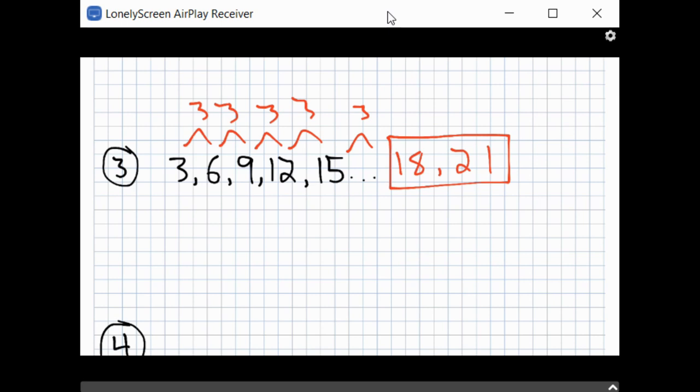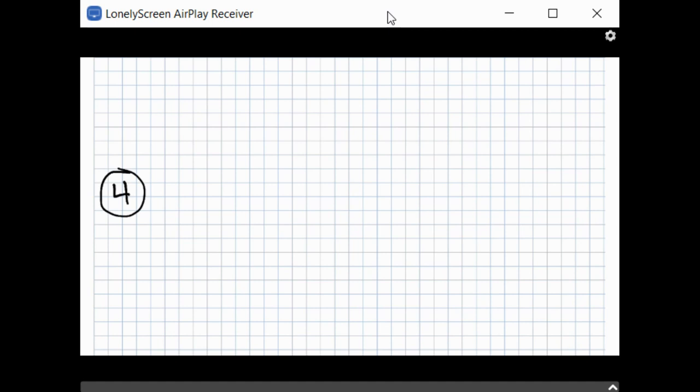And finally, 4th problem, just for the notes section of 2.1, we have make a conjecture about the product of 2 odd numbers. Okay, so the product means to multiply. So it's saying what happens when you multiply 2 odd numbers? I have no idea. Let's find out. Let's just kind of start to establish a pattern.